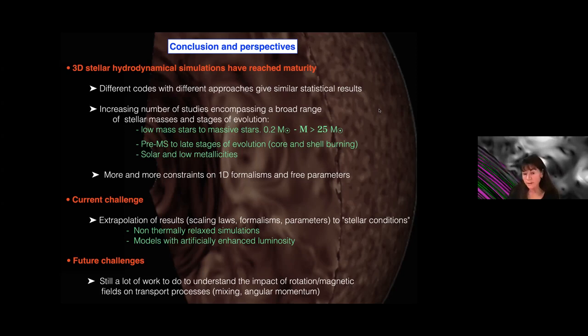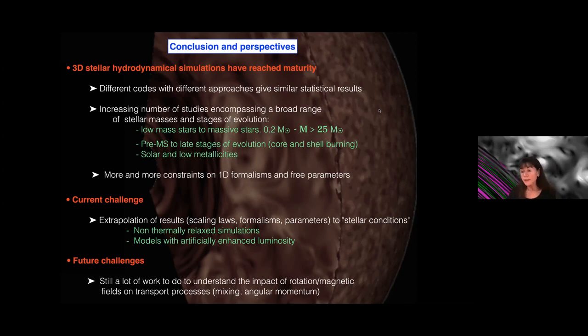So low frequency waves are more damped than high frequency. And it is because of this damping that you can actually drive mixing and angular momentum transport. So depending on the spectrum of your waves and where most of the energy is, you're going to change also your efficiency of transport of angular momentum.